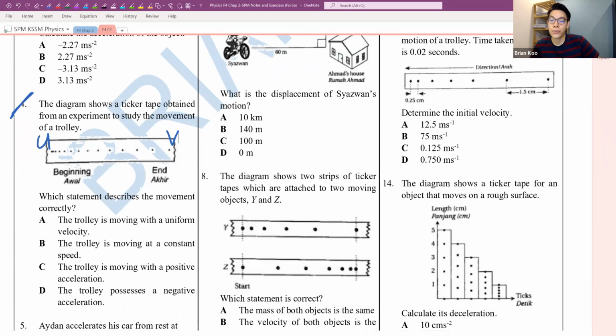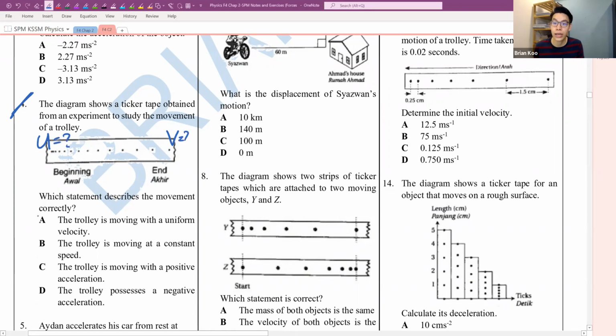So the first one, we go through one by one. A: the trolley is moving with uniform velocity. Do you think A is correct? Is it moving at constant velocity, uniform velocity? I mentioned this before, right? Kirina says no. That's right, very good, because the values here are definitely different.